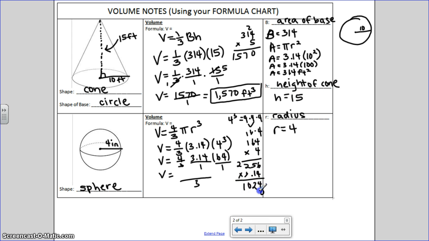I'll hold the place with a 0. And then I'm going to do 1 times 6, 1 times 5, 1 times 2. Then I'm going to go down here, hold 2 place values. 3 times 6, 18. 3 times 5, 15 plus 1, 16. 3 times 2 plus 1 is 7.